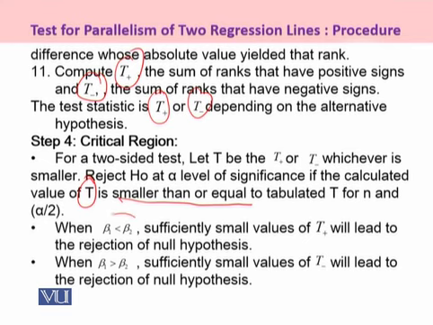If the alternative is beta 1 less than beta 2, then sufficiently small values of T plus will lead us to the rejection of the null hypothesis. Whereas if our alternative hypothesis is of the greater than type, then sufficiently small values of T minus will lead us to the rejection of the null hypothesis. So students, this is the entire procedure for testing the equality or homogeneity of the two slopes for the two regression models.